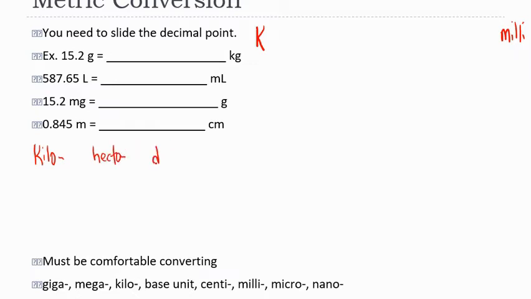Then we move to deca. This is our base unit. Then deci, centi, and finally milli.